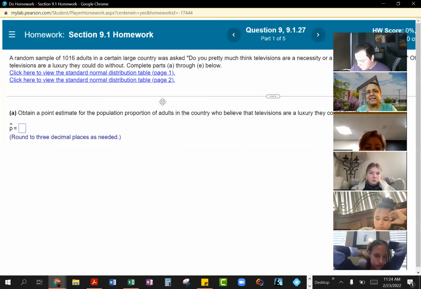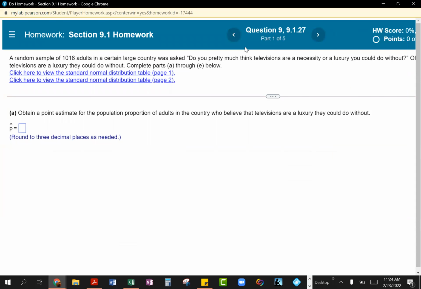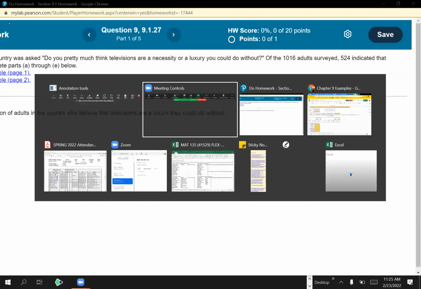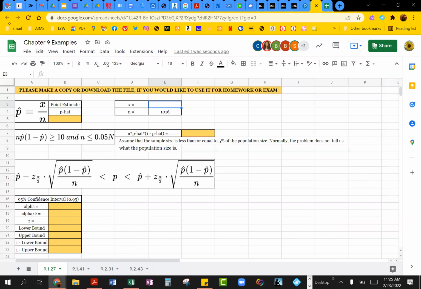Now, the x in this case represents this information here, where they're telling us that out of the 1,016, 524 said this is a luxury they can live without. So the 524 is going to be your x value, and that's what we plug in over here.